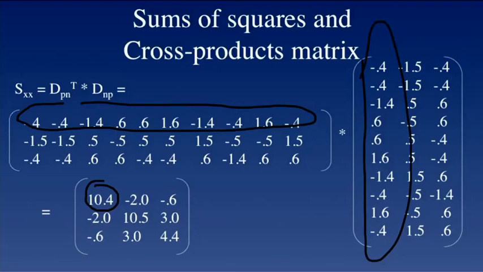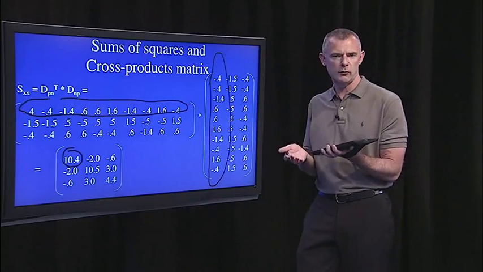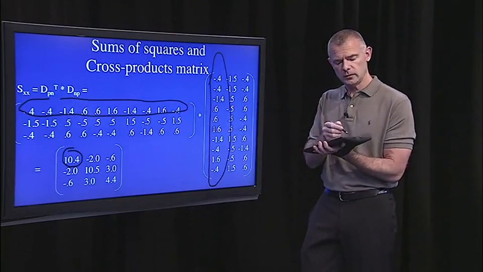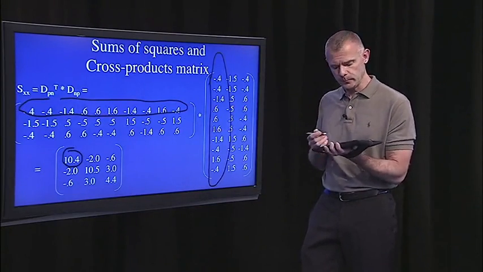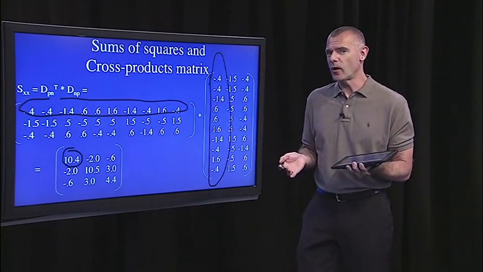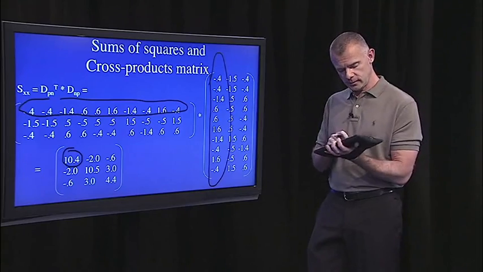That's just for the first variable. I'm taking each deviation score and multiplying it by itself and then summing all the products, right? That's how matrix multiplication works. So it's the sum of squared deviation scores. So in the diagonals, I get sum of squares. And in the off diagonals, I get sum of cross products. It's pretty cool.